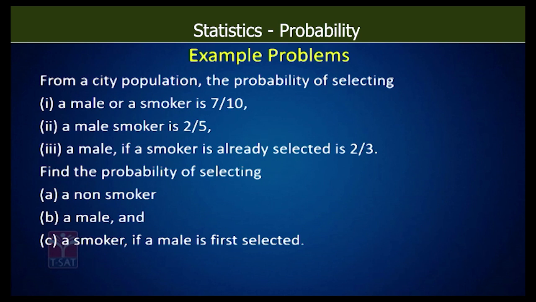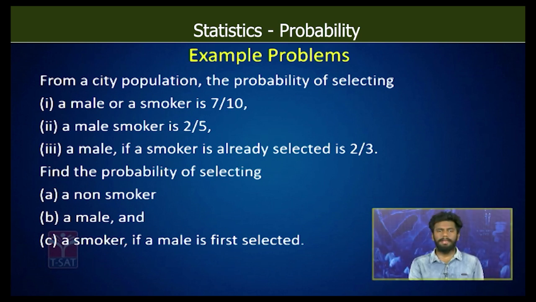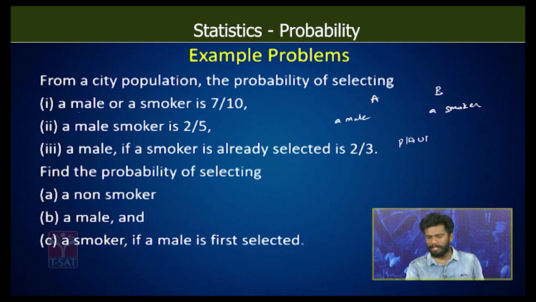From a city of population, the probability of selecting a male or a smoker is 7/10 and the statements are given. Now first, let us assume there are two events, A and B. Now A is nothing but selecting a male and B is an event selecting a smoker. Now write in the statistical terms. Probability of selecting a male or a smoker, P of A union B, is given by 7/10.